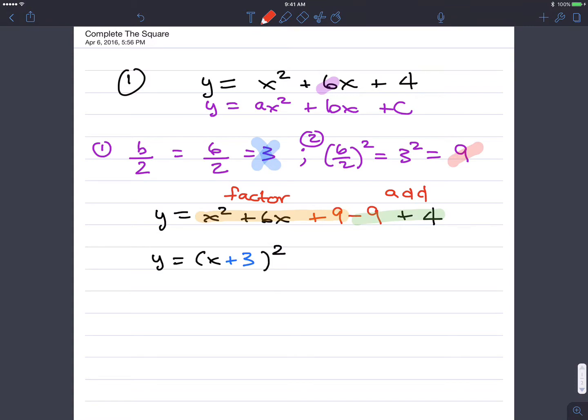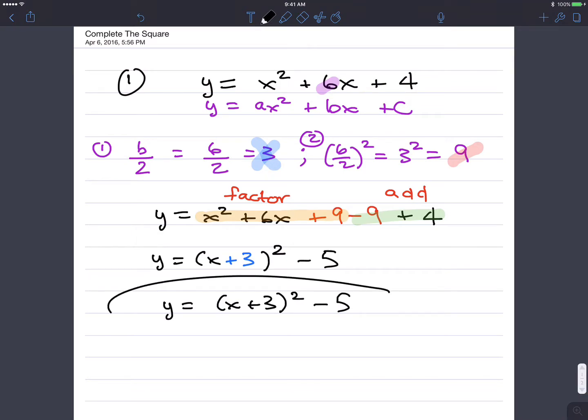So negative 9 plus 4 gives us negative 5. This is our final answer, that y is x plus 3 squared minus 5. We have completed the square. And that's what we have to do with these first problem sets.